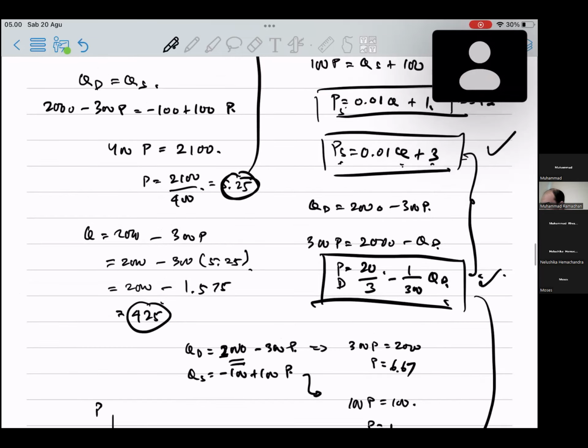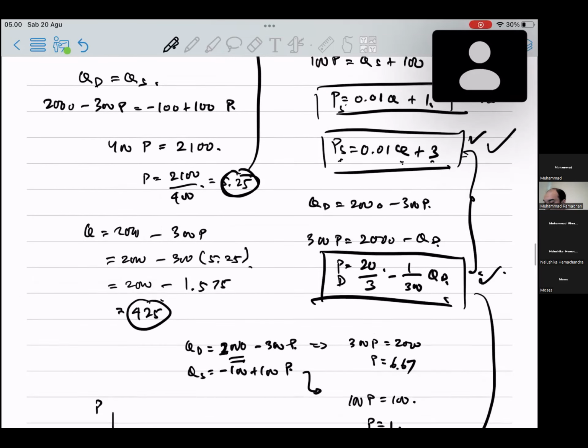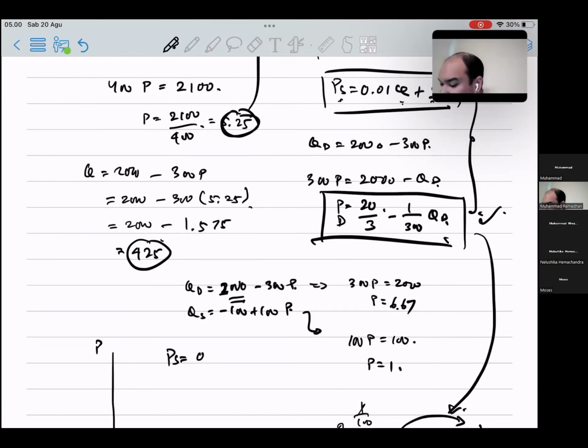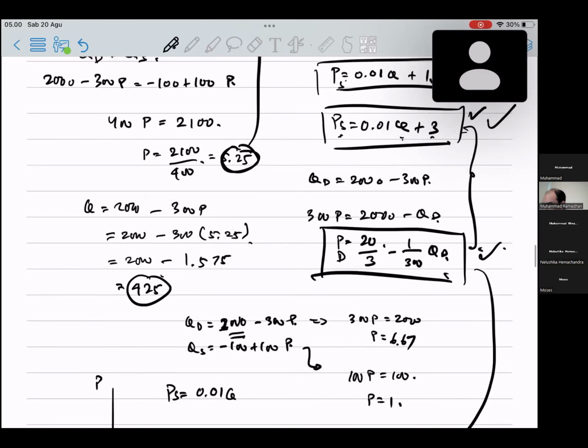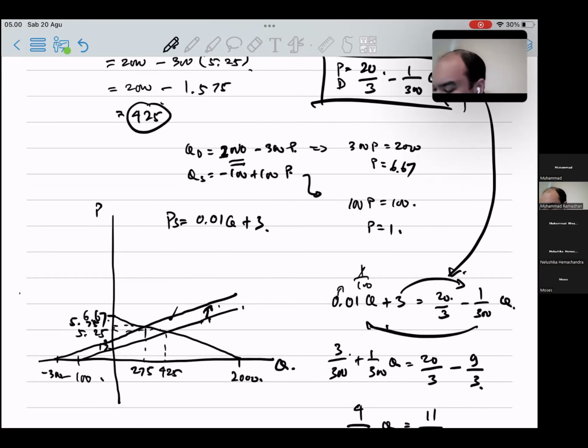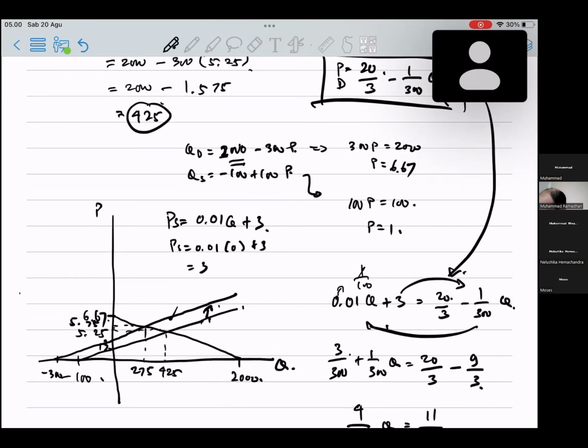The equation is this, the new equation of supply. If you put Q equal to 0, then PS is equal to 3. So you have 3 as the intercept.